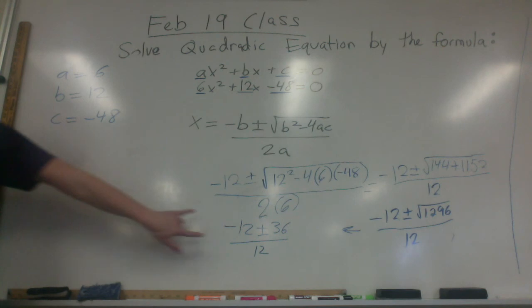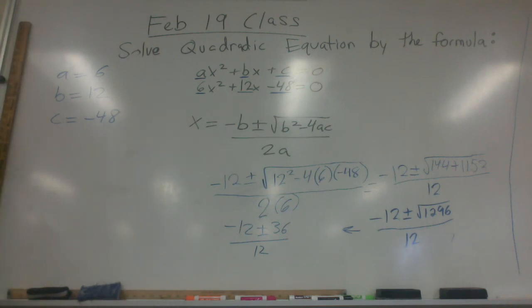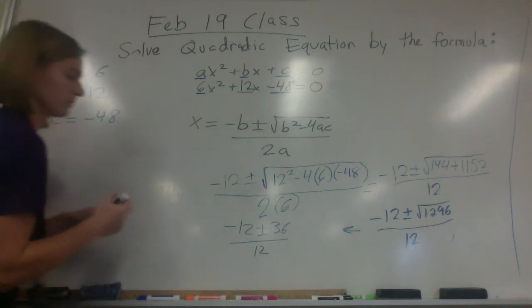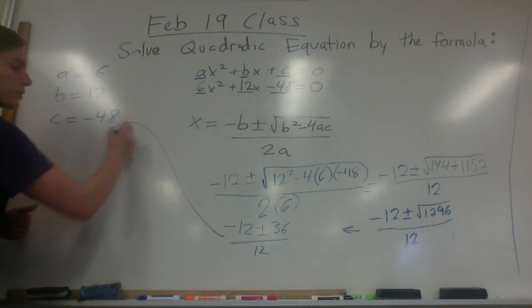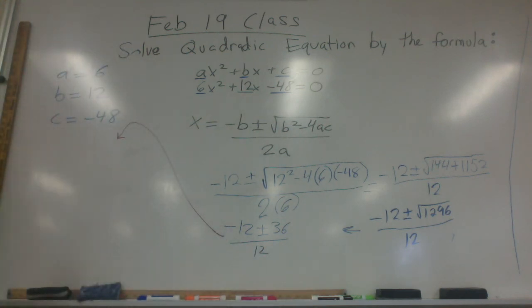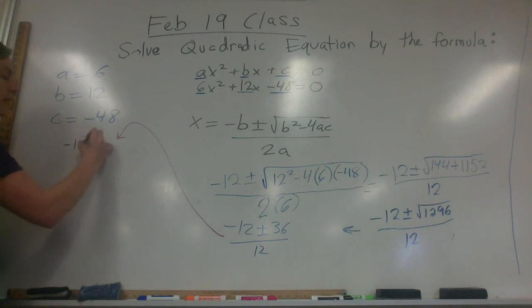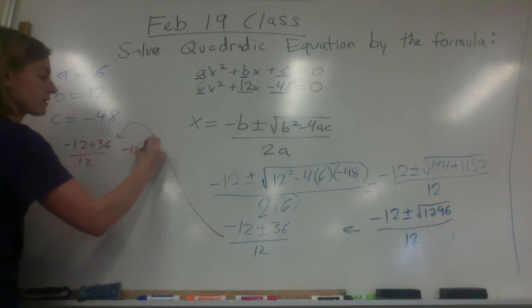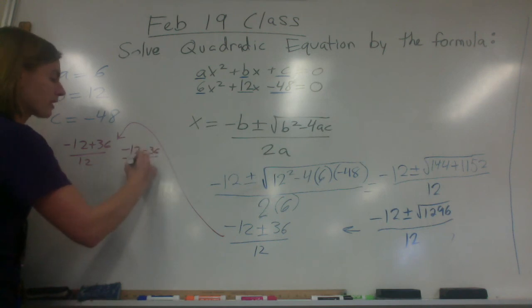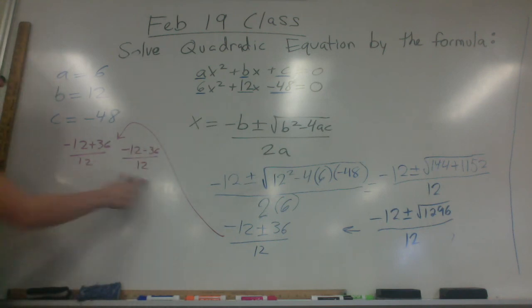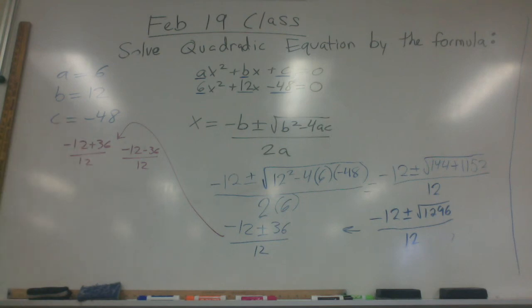Okay, we're down here now. I'm going to move up here so I have more room to work. So we have a negative 12 that in one case is going to be adding to 36, and in another case is going to be subtracting 36. So this is, again, why we always end up with two answers. So what's negative 12 plus 36?